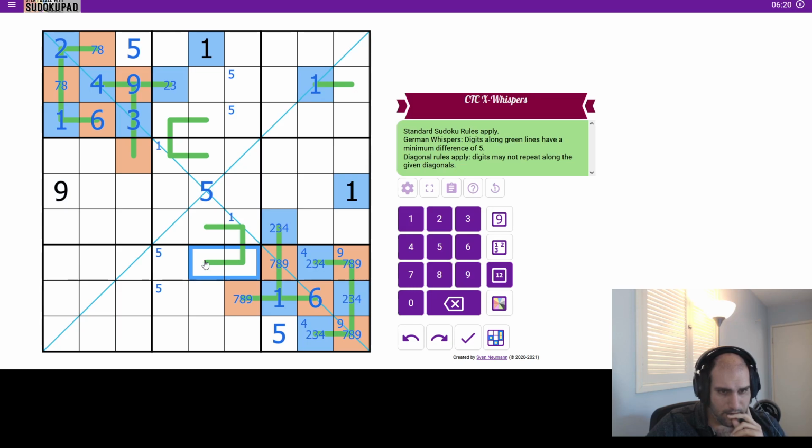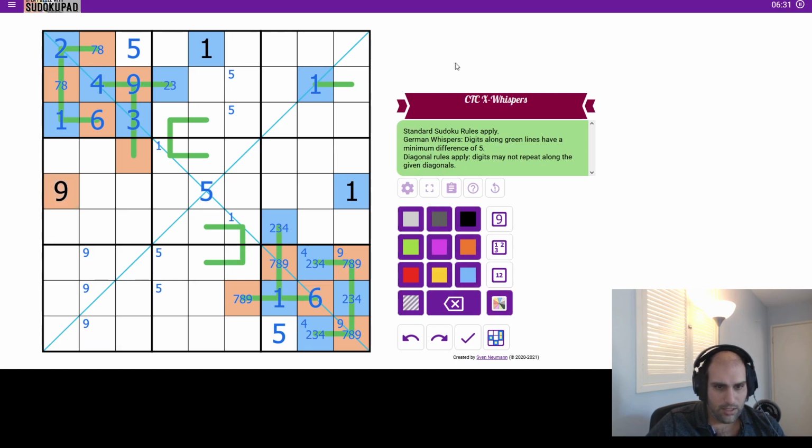This is a pair. 9 here. Let's color this as a high. It'd be cool if this was symmetrical, and that means the 9 would go here, but is there something I'm not seeing here?